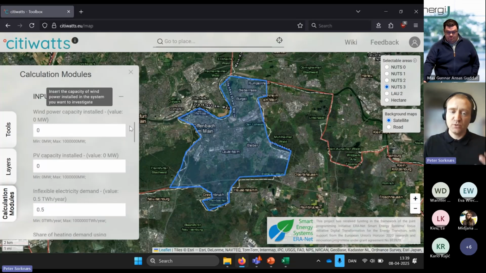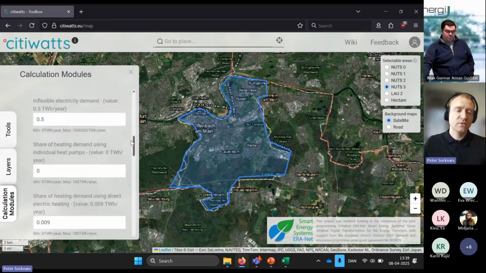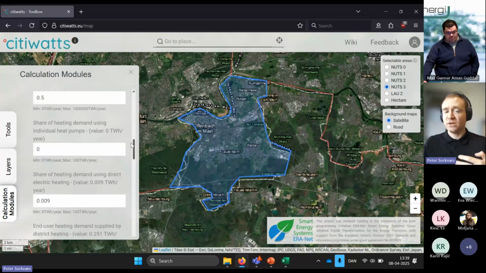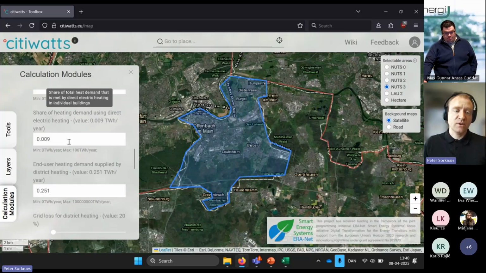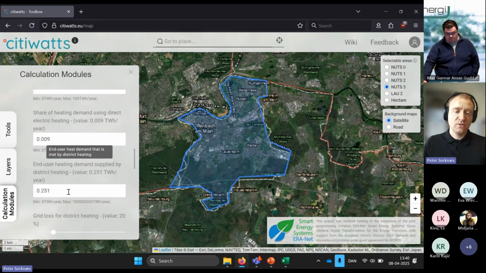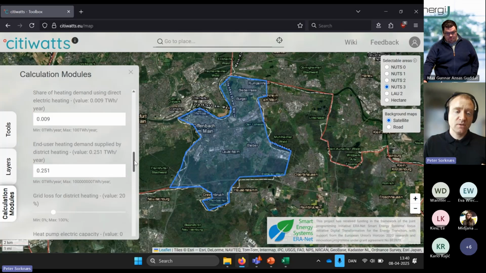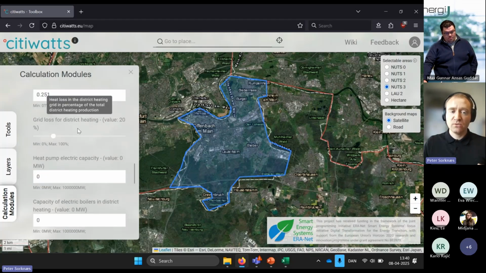You can remove that if you don't have 100, of course, and I will change it. It's simply there to make sure that if you run it, some numbers come out that are above 0. Then here the share of heating, direct electric heating. Then this is the end user demand for district heating. I can then adjust grid loss here for district heating. Here I just assume that the default 20% is okay.